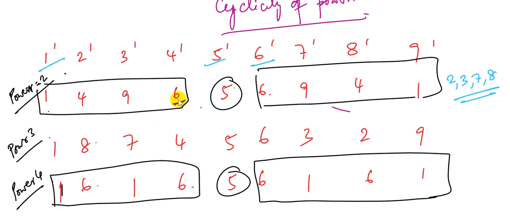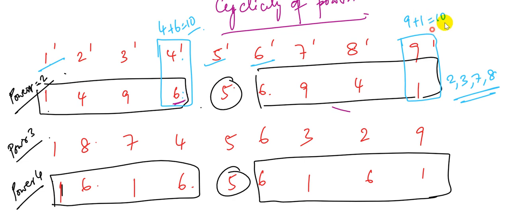Now, the numbers which change are the other numbers. Out of those, 4 and 9 follow a cyclicity: for 4 it is 4, 6, 4, 6, and for 9 it is 9, 1, 9, 1. Here also notice that 4 and 6 add up to 10, and 9 plus 1 add up to 10.